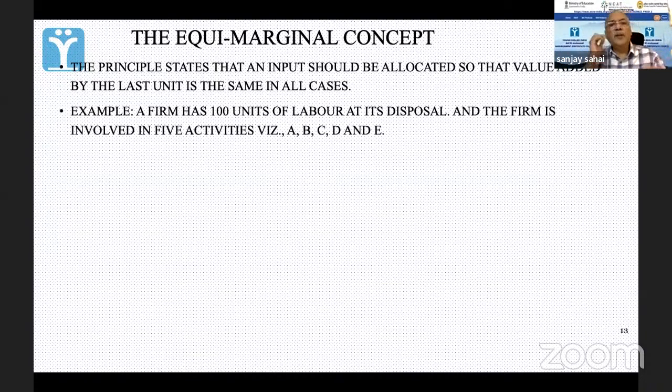So, example: a firm has 100 units of labor. The input here is labor. The firm in our example has 100 units of labor at its disposal, and the firm is involved in 5 activities: A, B, C, D, and E. You can think of each of these 5 as different goods that they produce.